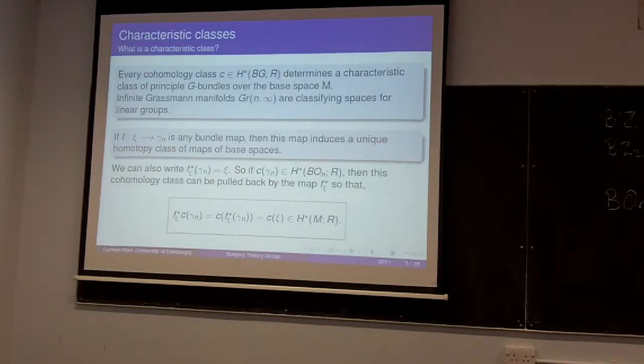That's why the relationship between the pullback construction and the characteristic classes of this infinite Grassmann manifold is very, very important. It is something that is common to all characteristic classes, and we usually refer to it as the naturality condition.